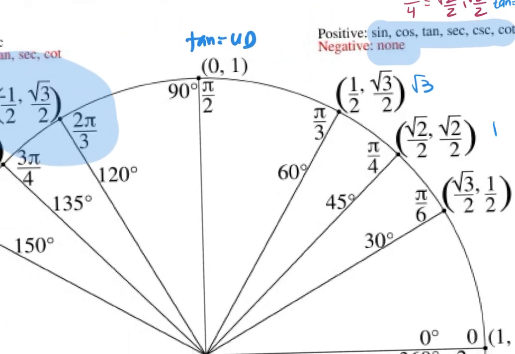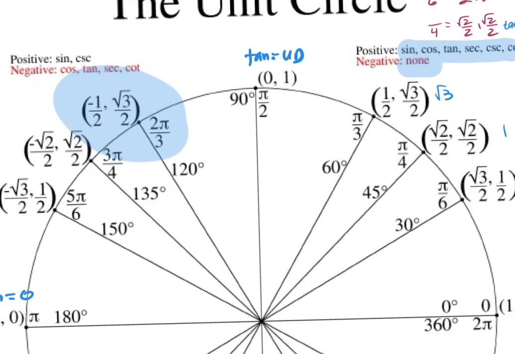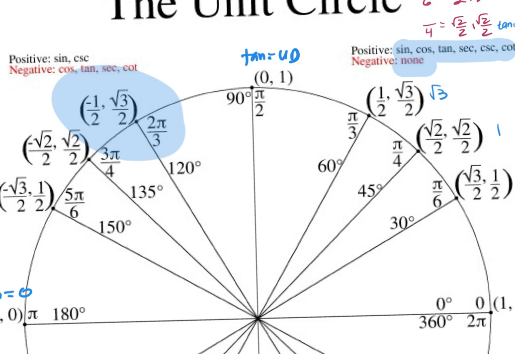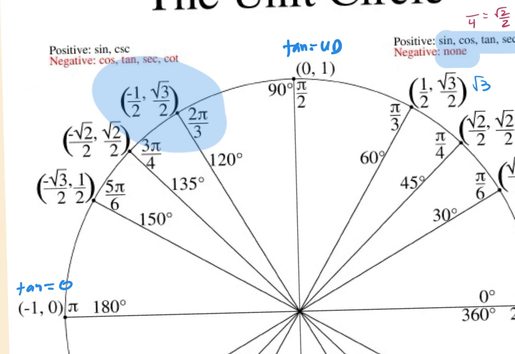In the second quadrant, because the x is negative, that would make my cosine negative. And if my cosine's negative, then my tangent's negative. So this would be negative root 3 over 3, this would be negative 1, and this would be negative root 3.